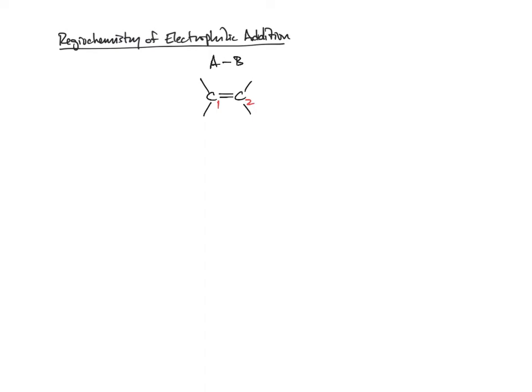In one mode of addition, carbon 1 gets A, carbon 2 gets B. So I'm not showing you how the arrows are pushed or anything just yet. I'm just telling you overall this is what's happening. A adds to C1, B adds to C2.